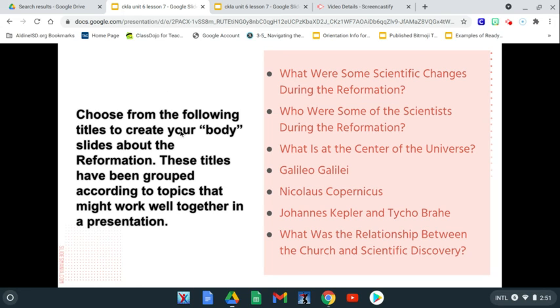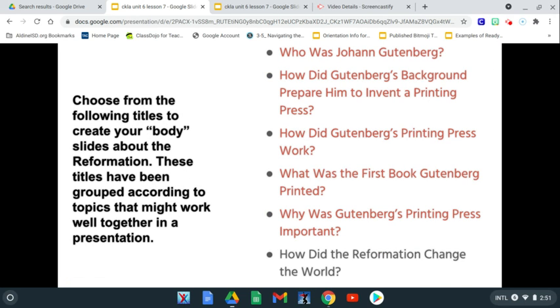Also, pick the titles for your body slides as well. You can underline them, put an arrow, or circle them to let me know what you're choosing.